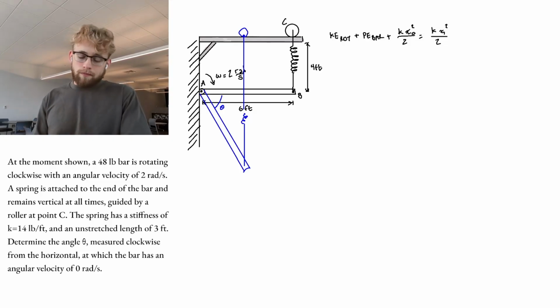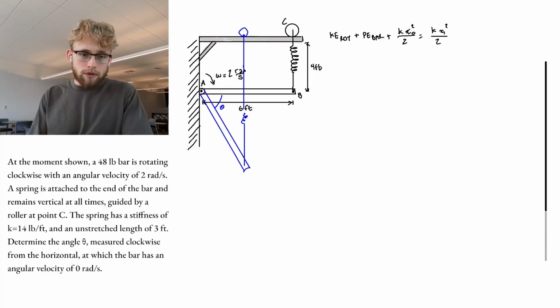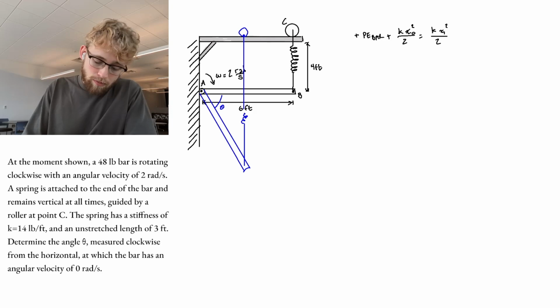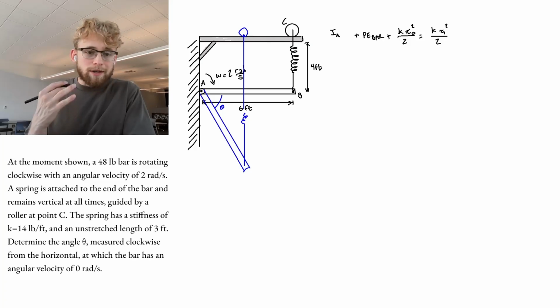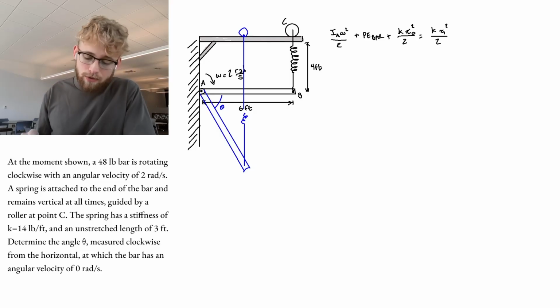All right. Now let's go ahead and replace these two initial terms here with their appropriate equations. So the kinetic energy due to rotation is going to be the moment of inertia about A of the bar times angular velocity squared over 2.